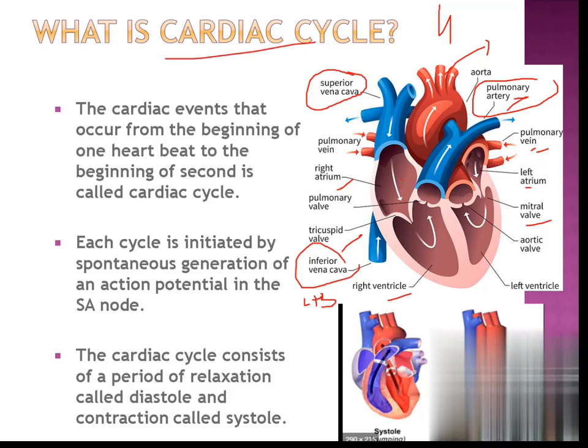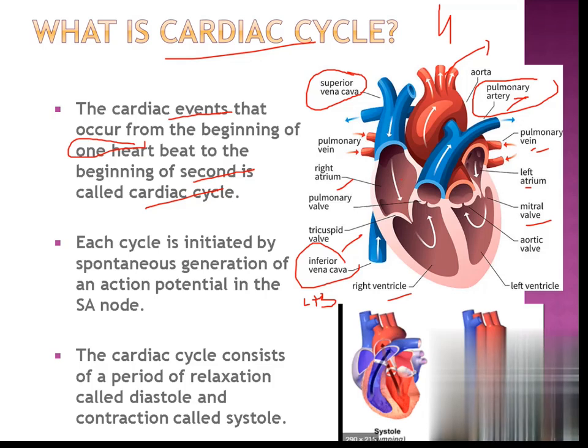Now coming to the cardiac cycle. So what basically is the cardiac cycle? The cardiac cycle means all the events that occur from one heartbeat to the next heartbeat. Okay, that is known as the cardiac cycle. There are a number of events occurring between one heartbeat and another.